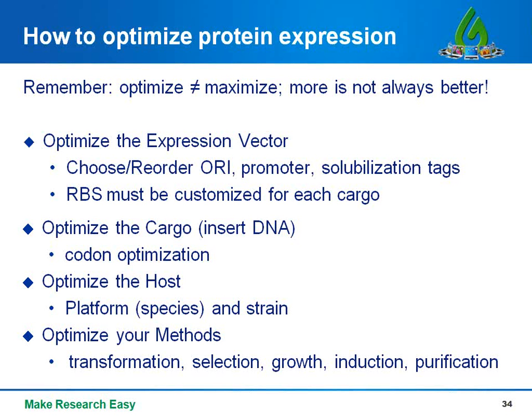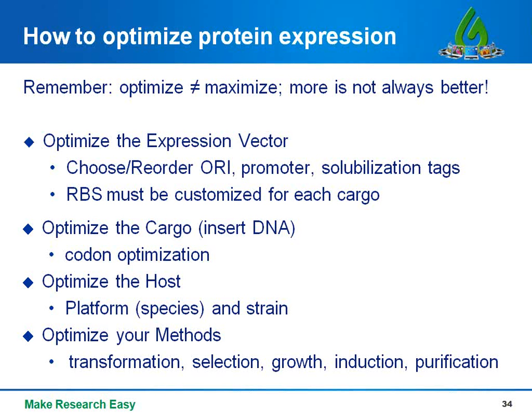Of course, you can optimize the cargo, as we talked about at first, with codon optimization. And then some other things that you might consider optimizing that we haven't discussed today are you might try optimizing the host. Sometimes switching the platform that you're using or just switching the strain of E. coli that you're using can be really helpful.